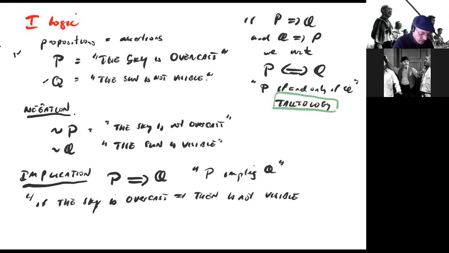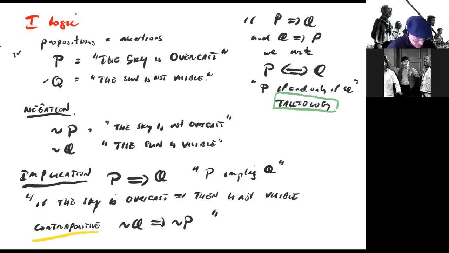Okay, so now we also consider something called the contrapositive. The contrapositive of the statement P implies Q is the statement not Q implies not P. So how would we read that in English?